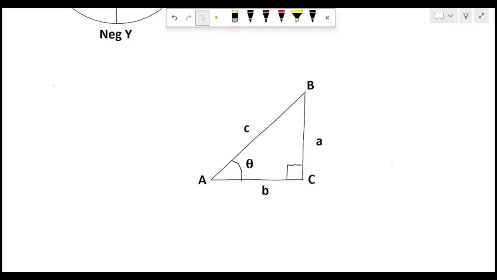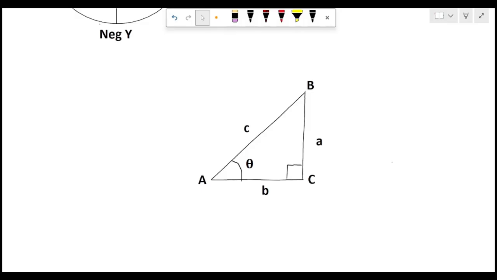In the triangle ABC, angle C is equal to 90 degrees, angle A is equal to theta, and side AB is equal to c, lowercase c, and side CA is equal to lowercase b with respect to a base, and c is the length of hypotenuse.